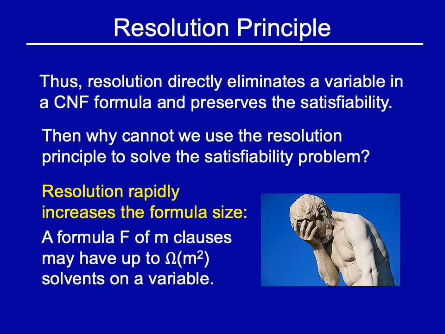If you do a resolution on a particular variable, then the number of clauses can be increased to m squared. So this is kind of bad: when you start with m clauses, you might have to go to m squared clauses.